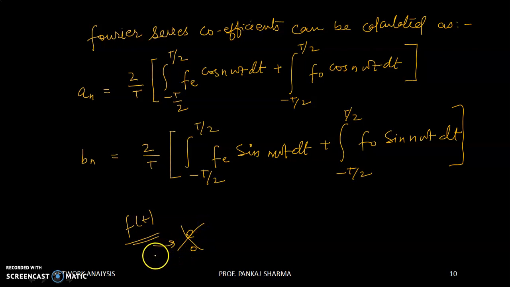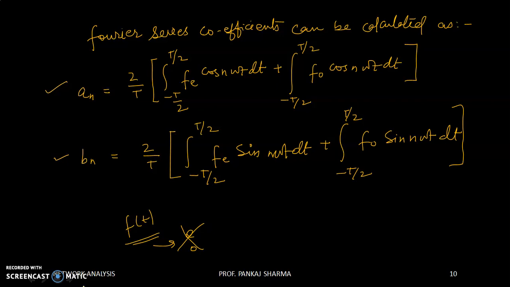So it was written as the summation of even and odd parts, and from there the Fourier series coefficients of such functions can be written as: An is equal to 2 by T integral from minus T by 2 to plus T by 2 of even functions cos n omega t dt plus integration from minus T by 2 to T by 2 of odd functions cos n omega t dt.